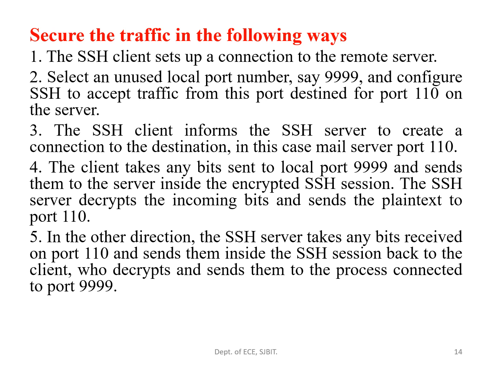The secure shell server decrypts the incoming bits and sends the plain text to port 110, which is the server port. In the other direction, the secure shell server takes any bits received on port 110 and sends them inside the secure shell session back to the client, which decrypts them and sends them to the process connected to port 9999.